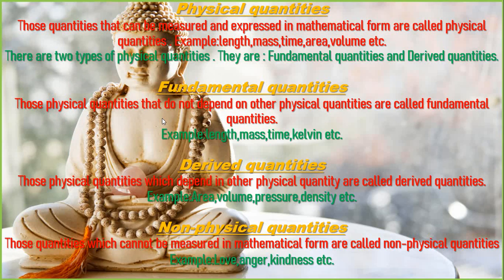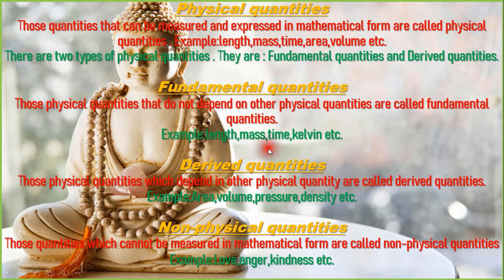The main thing to remember is that these do not depend on other physical quantities. Length is independent. Mass is also independent. Time is also independent. Kelvin is also independent. Candela is also independent. Mole is also independent. So they are called fundamental quantities.